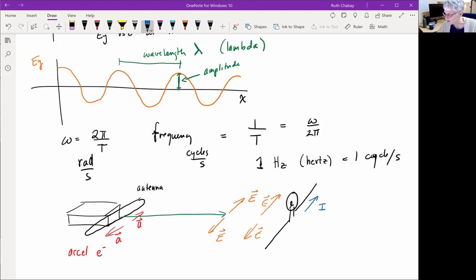So I'm going to write a little I for electron current. Our radiation can accelerate electrons in the wire, drive a current through the bulb, and so the bulb can actually light.